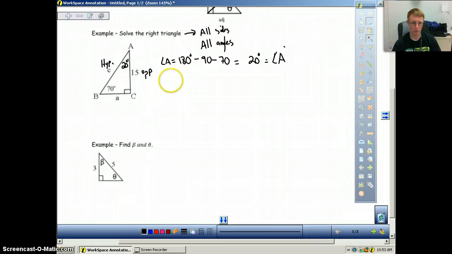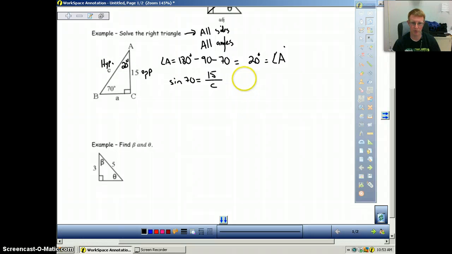So therefore, we can do the sine of 70 degrees. That is equal to the opposite, which is 15, over the hypotenuse, which is our C. And then we're going to solve for our C here.